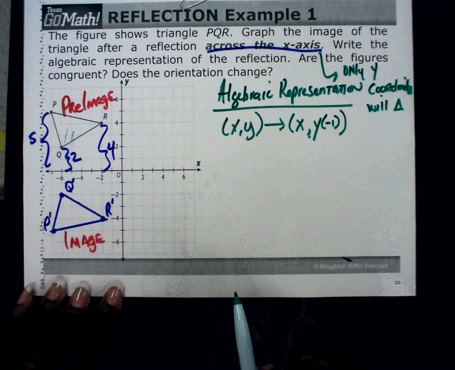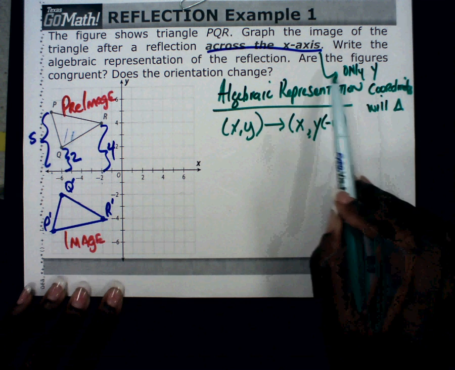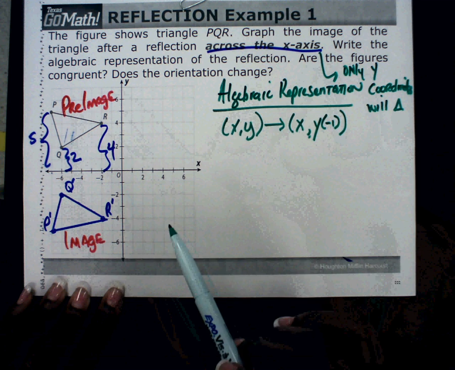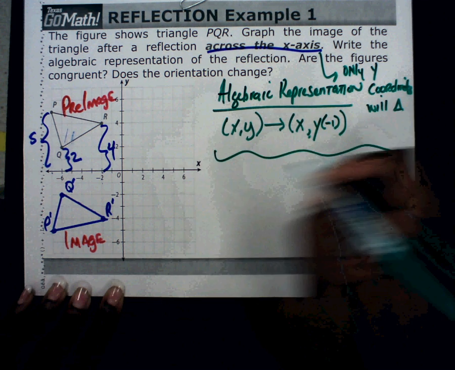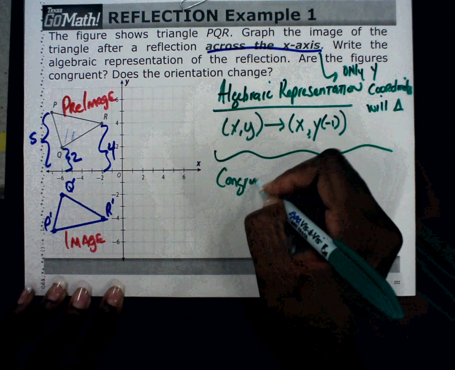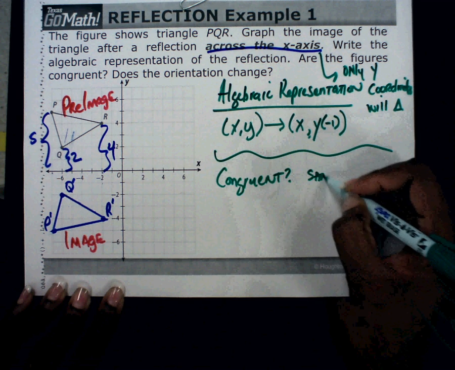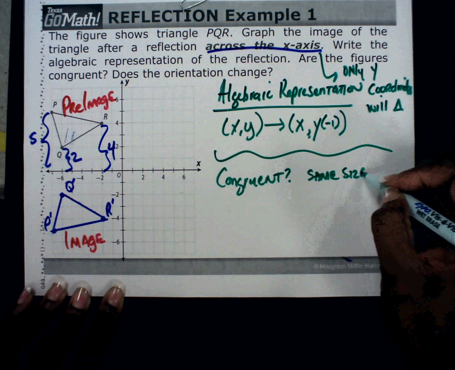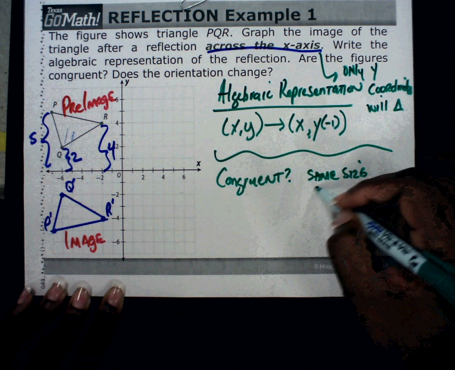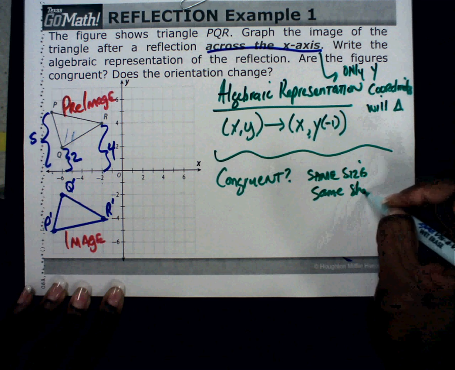Okay, so the next question we have is, are the figures congruent? Okay, so we want to know, are these two figures congruent? And that means the same size and the same shape.